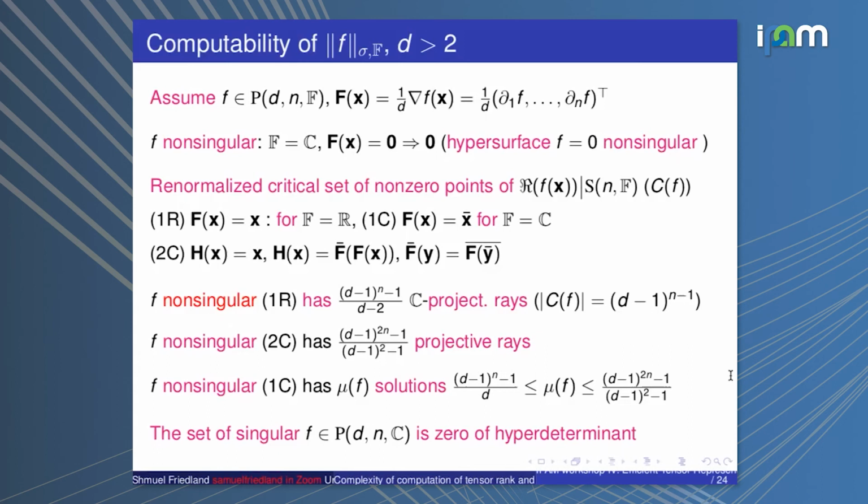Now, what about the real, let's say, anti-fixed points? Then I know that it's between these two numbers. So what happens if f is singular? If f is singular, this is a zero hyperdeterminant. So we also know a lot. This lies on a very special hypersurface.